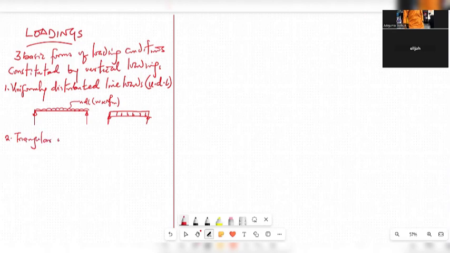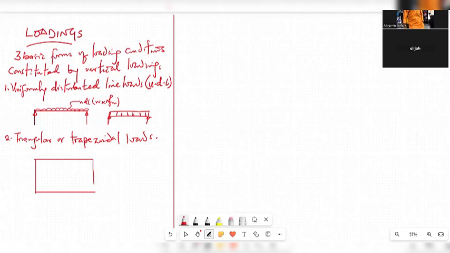Now, if you have a slab panel like this, for example, if this is LX and this is LY, when this slab panel is loaded, we have something we call yield line.